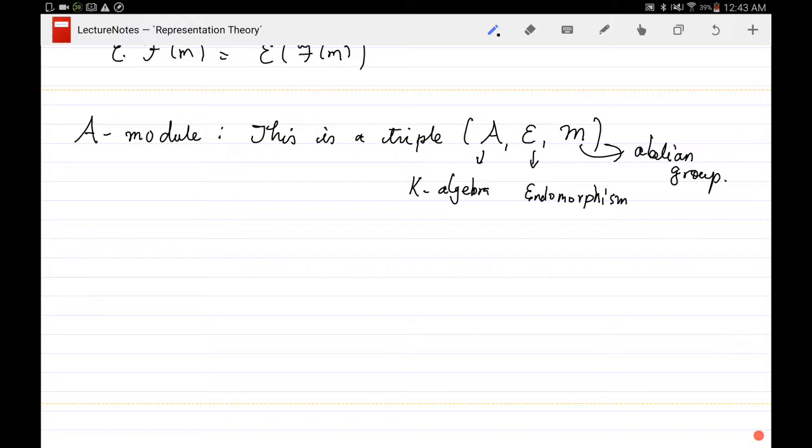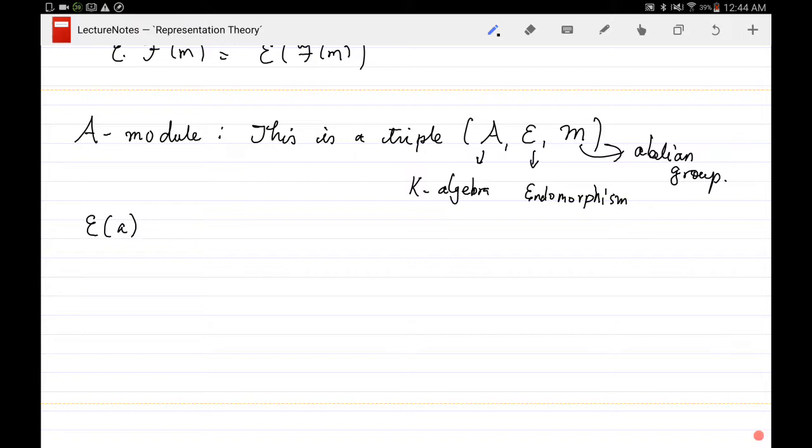And how will we notate the action of the endomorphism on the group? I've already hinted at that. The endomorphism will act in such a way that it acts from the K algebra.